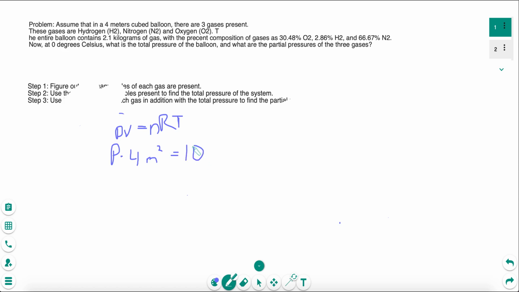We just figured out we have 100 total moles, times our R, which is 8.3145 according to these units, because the volume is not liters, it's meters cubed, so our R has to be different to account for the units. And then our temperature is 273 Kelvin. Using all this information, we can figure out the total pressure of the system.